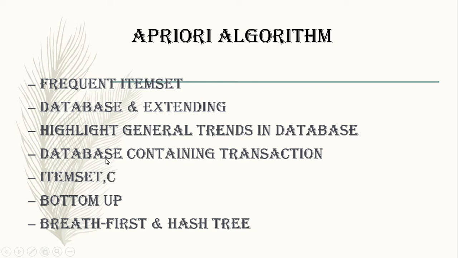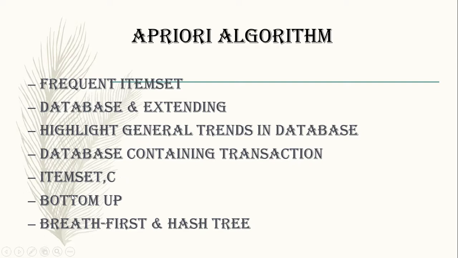The Apriori algorithm identifies the item sets which are subsets of at least C transactions in the database, where C is nothing but the threshold.